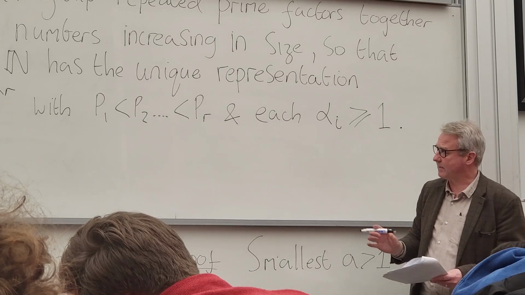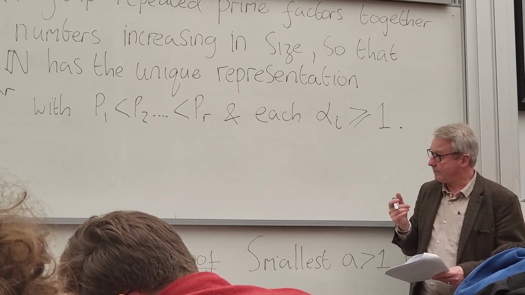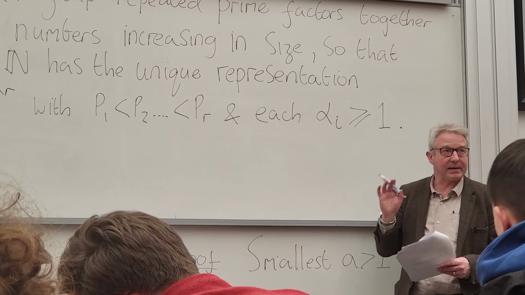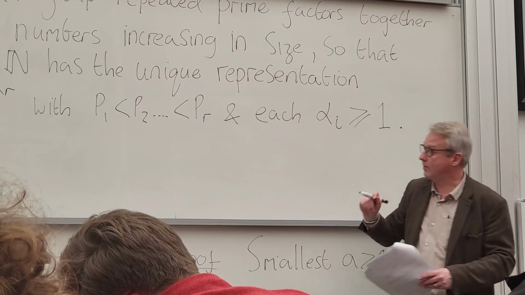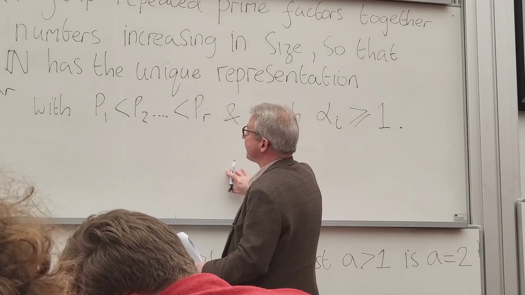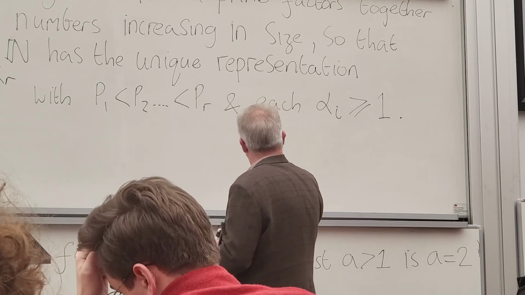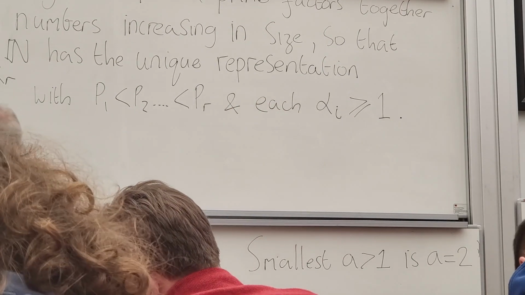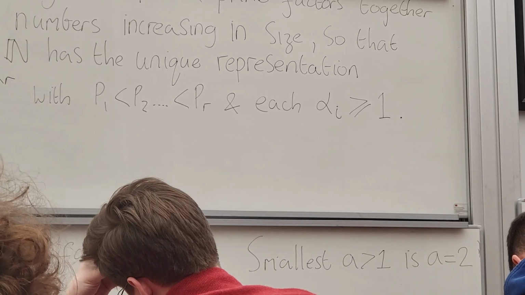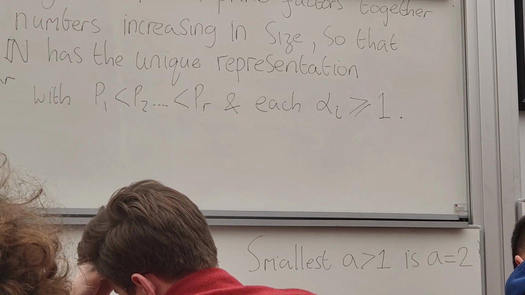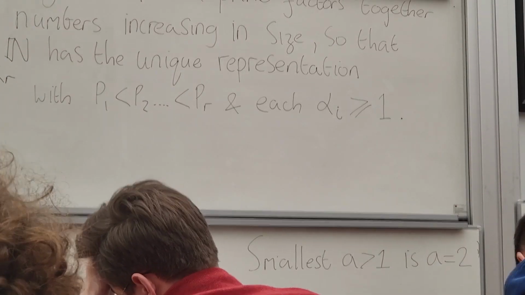But sometimes, and we'll find this in proving the third proof of infinitely many primes, it's also useful to write them as the infinite list of primes and allow alpha to be 0.